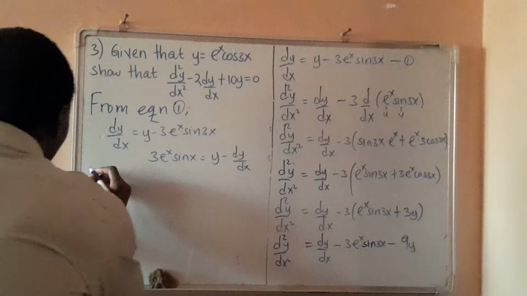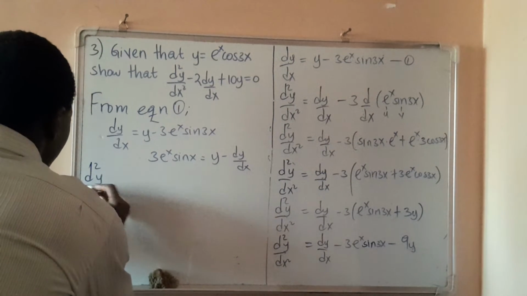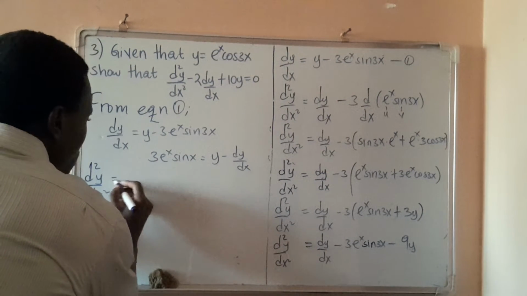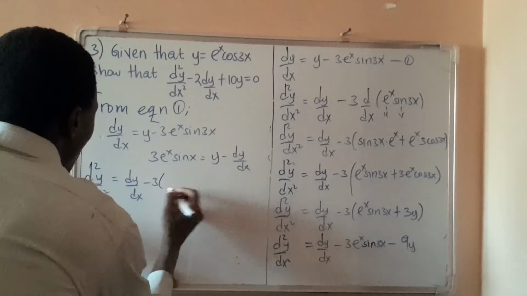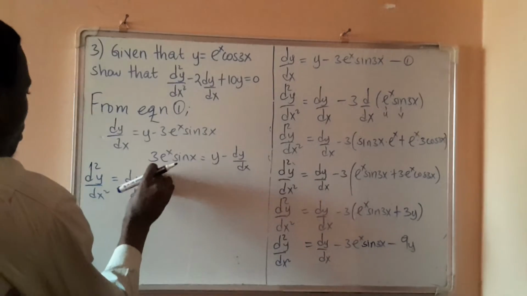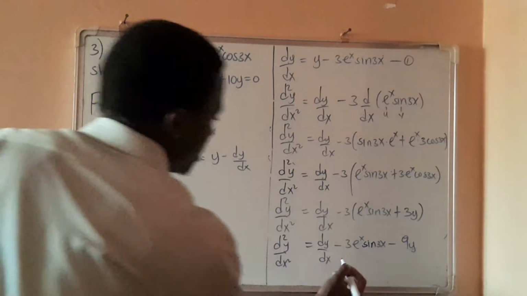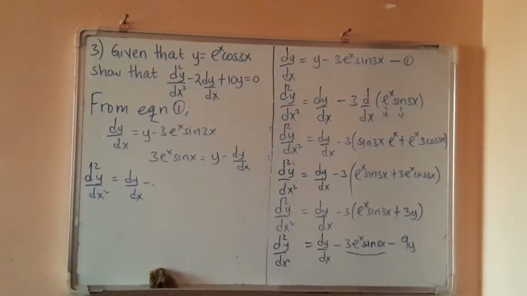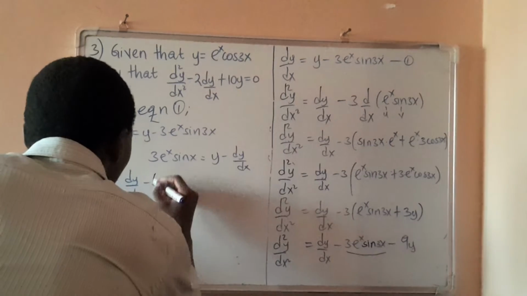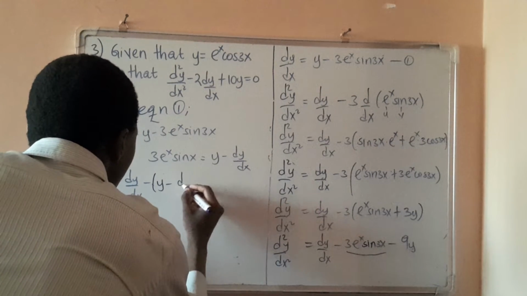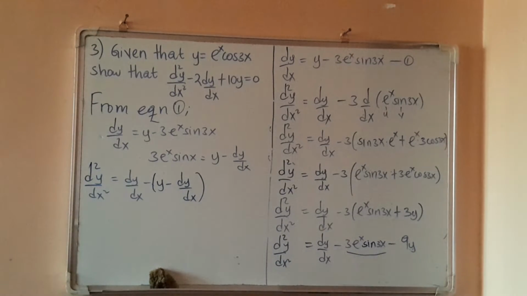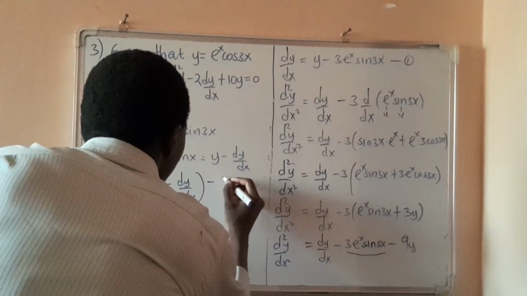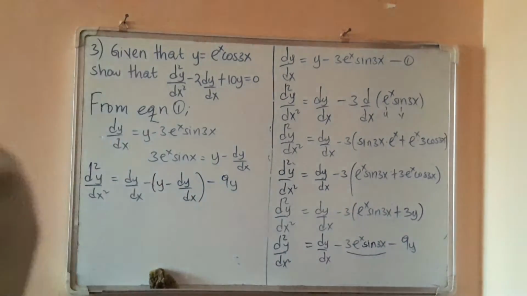We shall have the second order derivative equal to dy dx minus this term here, minus that term, which is now y minus dy dx, then minus 9y.